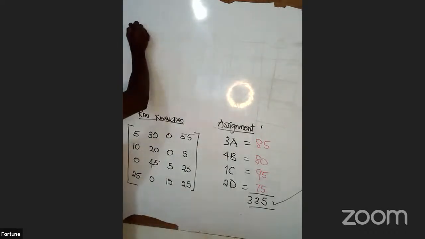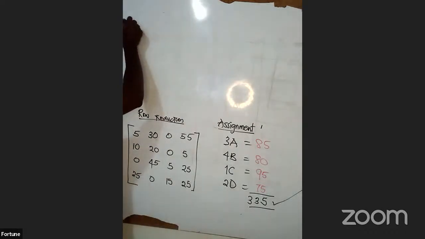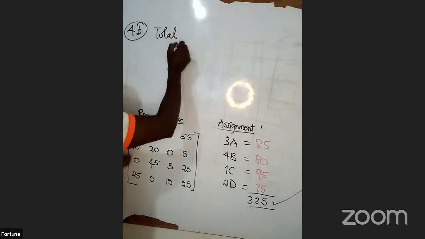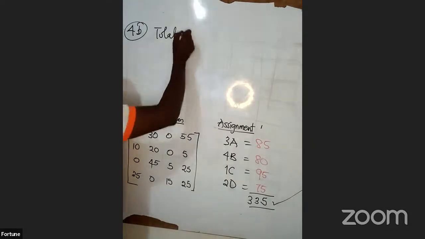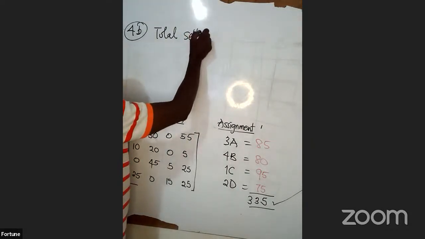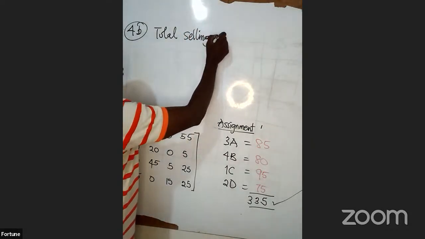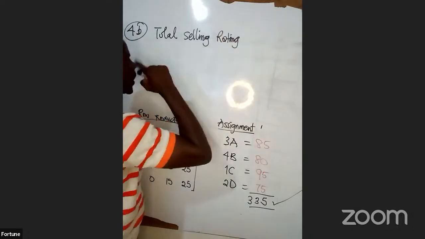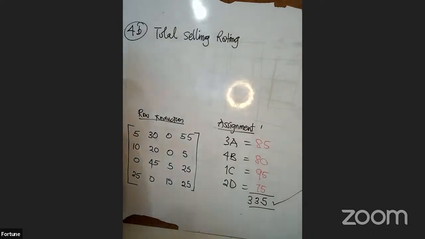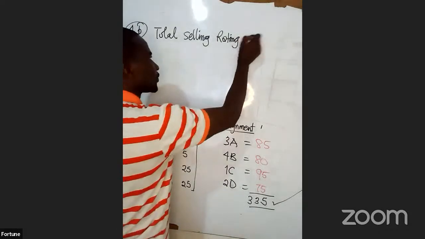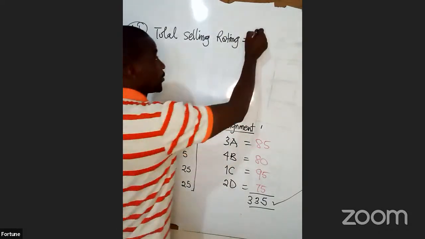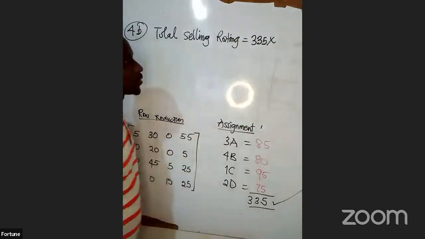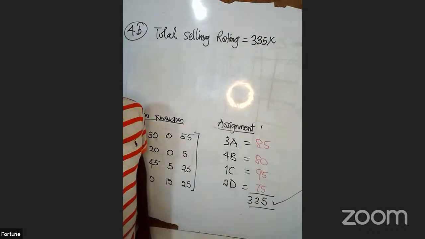So question 4B, total selling rating is equal to 335 times, we're told that each rating is 200.